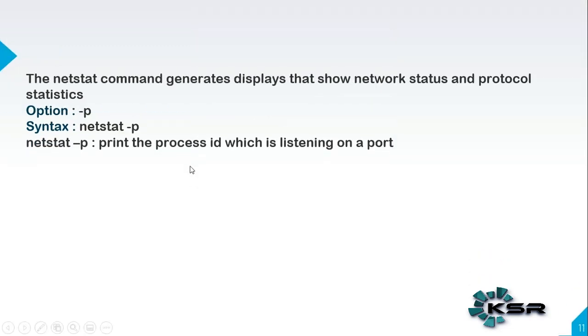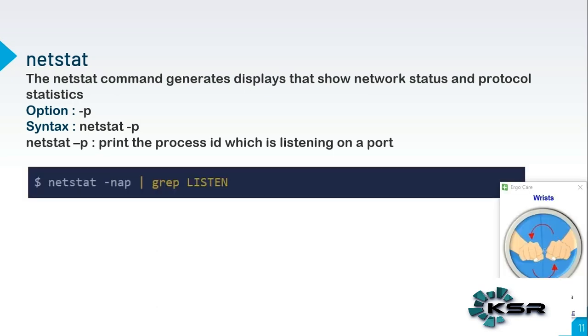The next is netstat. This is also a most frequently asked question in interviews, like what command is used to get the list of ports which are being used. The answer is netstat. If you want the ports which are listening on the server, this is the command, netstat, right?